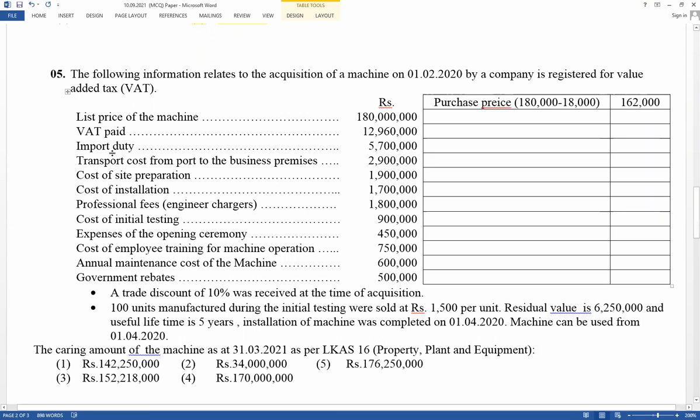Then VAT value should not be considered, but import duty should be considered as a part of cost value. Equal 5,700. And transport cost also should be considered. Value equals 2.9 million. Take values in 1,000.